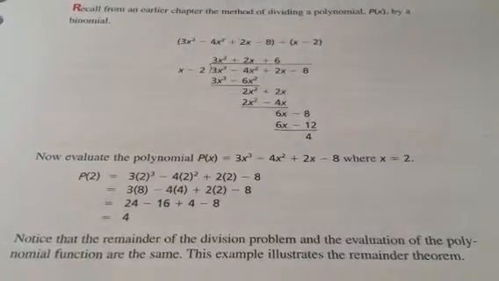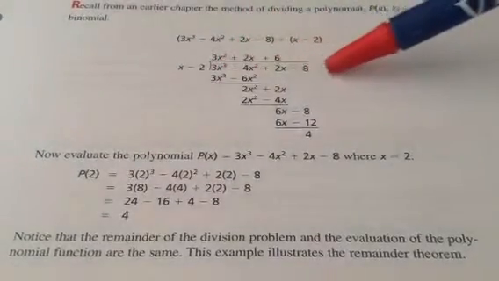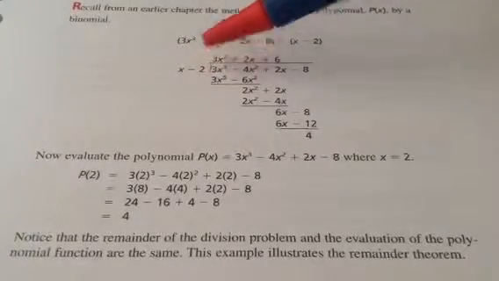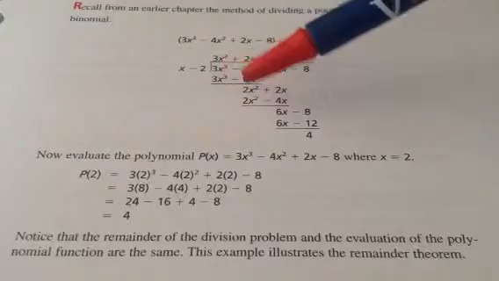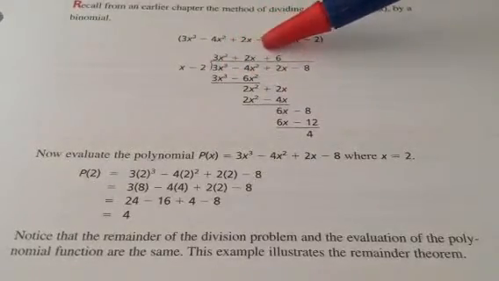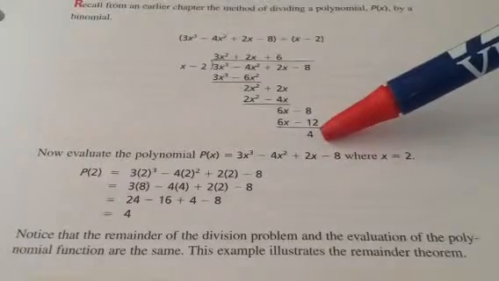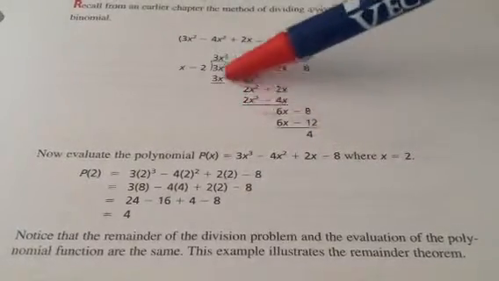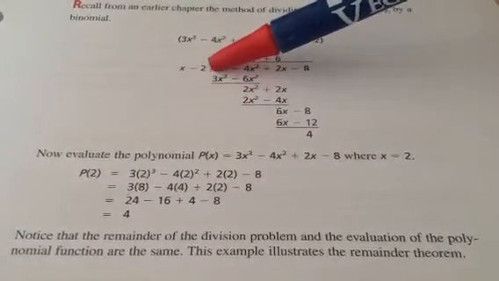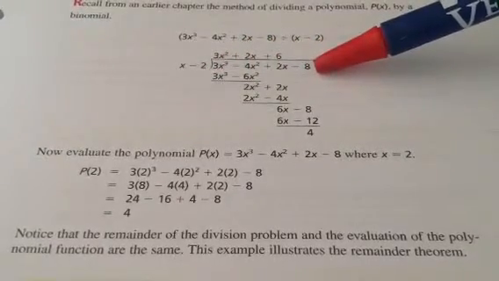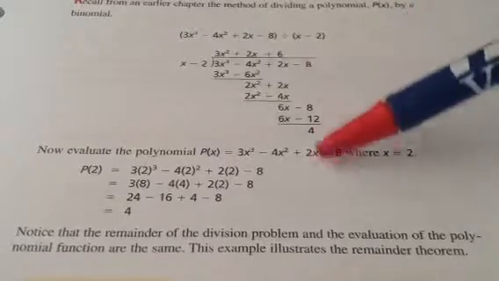And when we look at this example, we see that we have this big long polynomial. We divided it by x minus 2, and we ended up getting 3x squared plus 2x plus 6 with a remainder of 4. So that tells me that x minus 2 is not a factor of this polynomial because it had a remainder.